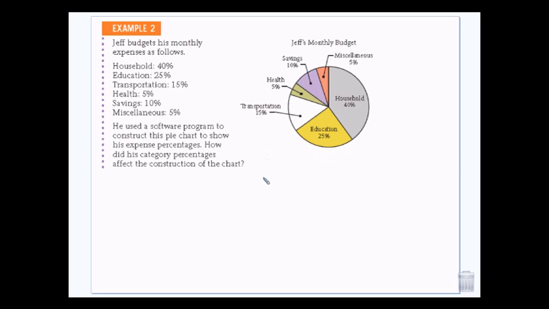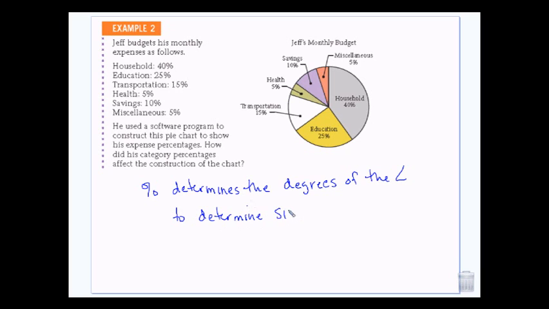So the percent determines the degree of your angles, which determines the size of your pie slice.